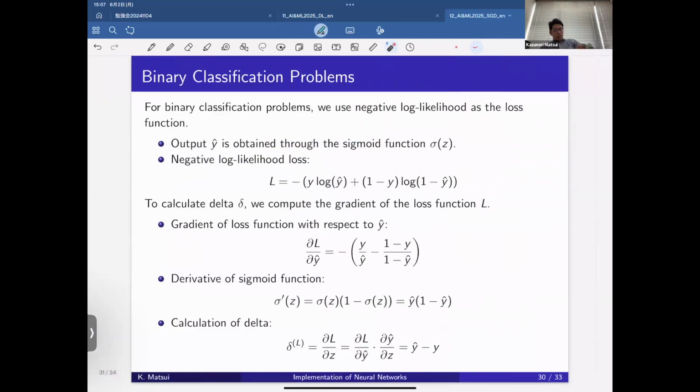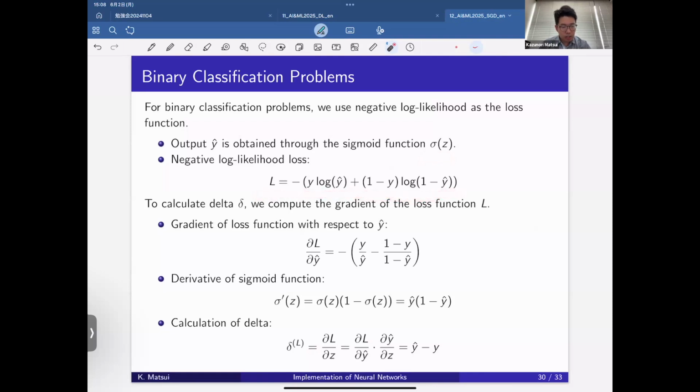So far, we have used mean squared error as the loss function, but for binary classification problems, we use negative log likelihood. When dealing with binary classification problems, we use a sigmoid function as the activation function for the output layer, and the log likelihood loss is calculated like this.